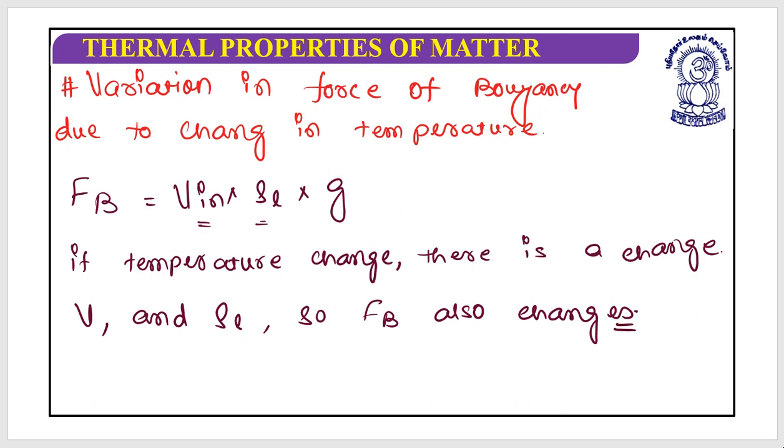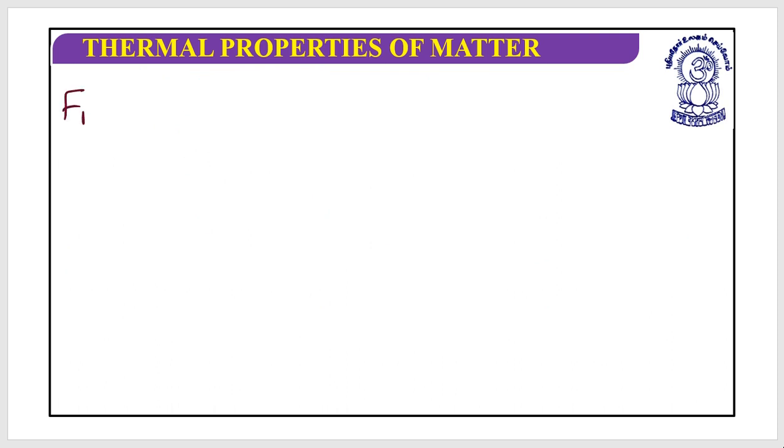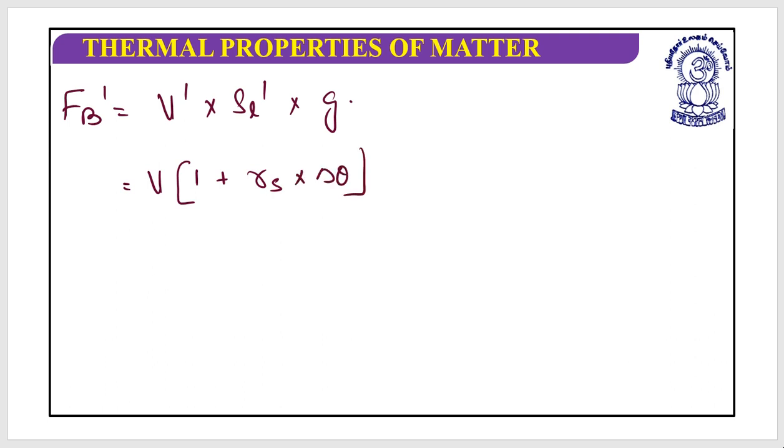I hope this is clear. So let's call it Fb dash. This is equal to V dash into density of liquid dash into g. This V dash could be written as V multiplied by 1 plus gamma of solid into delta theta. This density of liquid could be written as density of liquid into bracket 1 minus gamma of liquid into delta theta, and this g remains as it is.